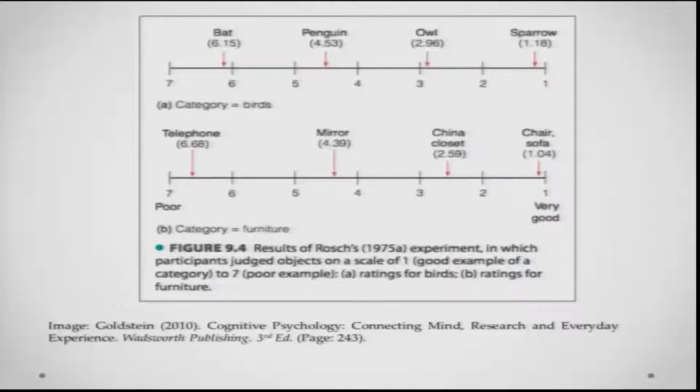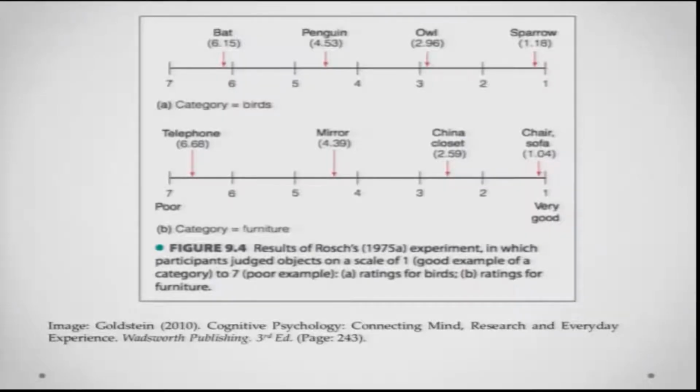Here is what you find in the data. Actually, penguin gets around 4.53 because it at least has wings. A bat is even less prototypical and it gets a rating of around 6.15. You can see telephone and mirror are considered least prototypical examples of furniture.